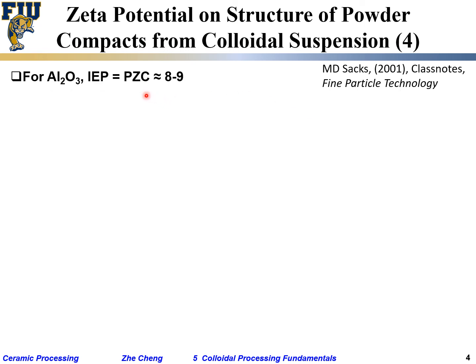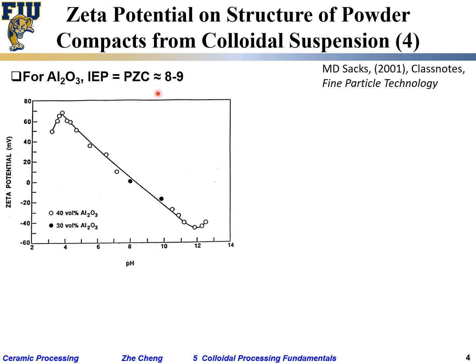Let's see another example. Now we are looking at aluminum oxide. This one has a PZC or IEP of 8 to 9, slightly basic. Okay? We are also plotting zeta potential versus pH. We saw this before.